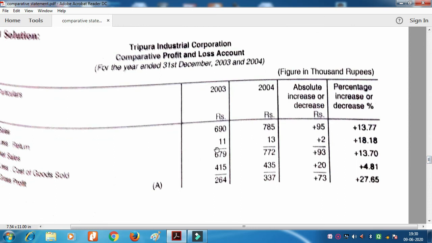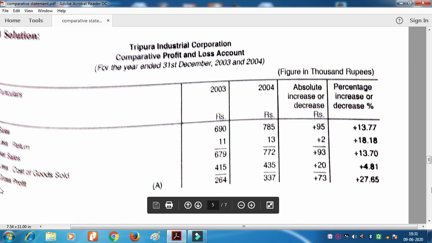That is, we have the sale figure in 2003 and 2004. We will find out how much it has increased or decreased. So we can see it has increased to the extent of 95, means 95,000. So 95 divided by 690 will give you 13.77. Similar logic will follow in case of return. So we will have net sale.